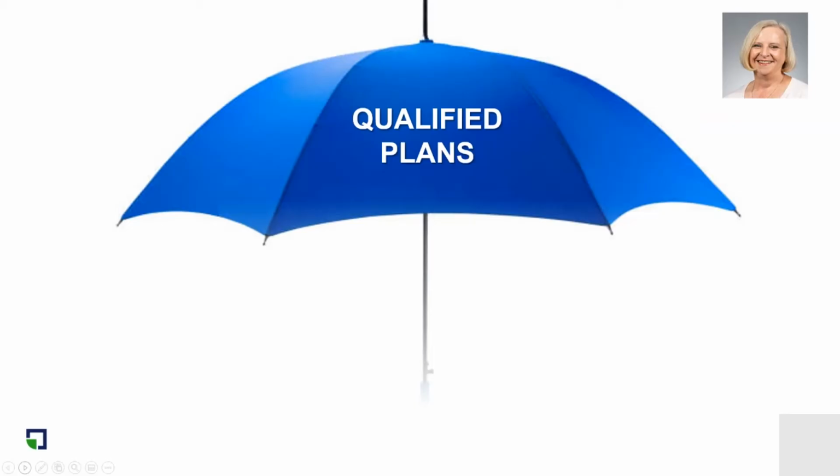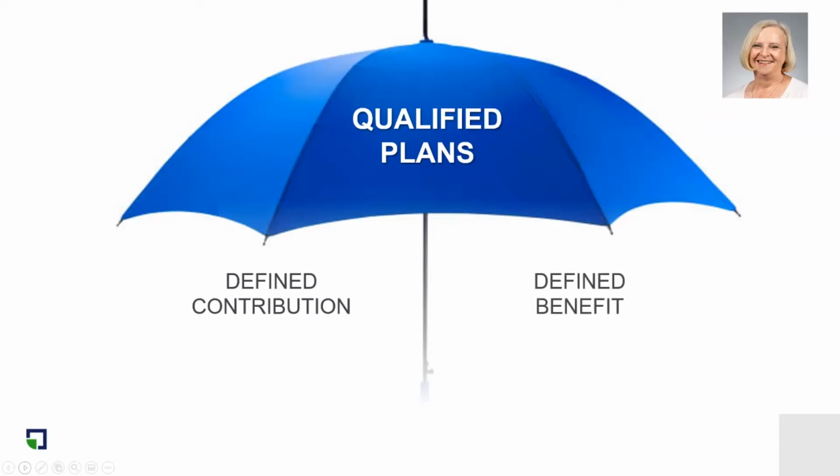There are two main types of these qualified plans, and the first one is a defined contribution plan. Most of you are probably very familiar with this because in this type of plan are the 401k and the profit sharing plans. The other type of qualified plan is a defined benefit plan, and these are your pension plans.